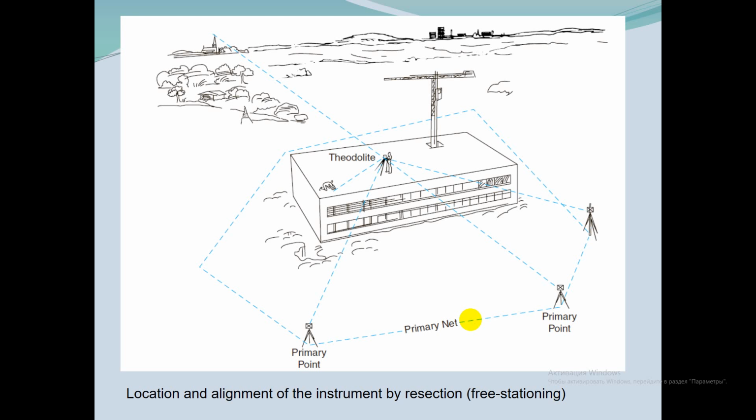Once the coordinates of the station are solved and the total station is back-sighted to a known reference point, the total station programs can then compute the polar ties to any layout point.